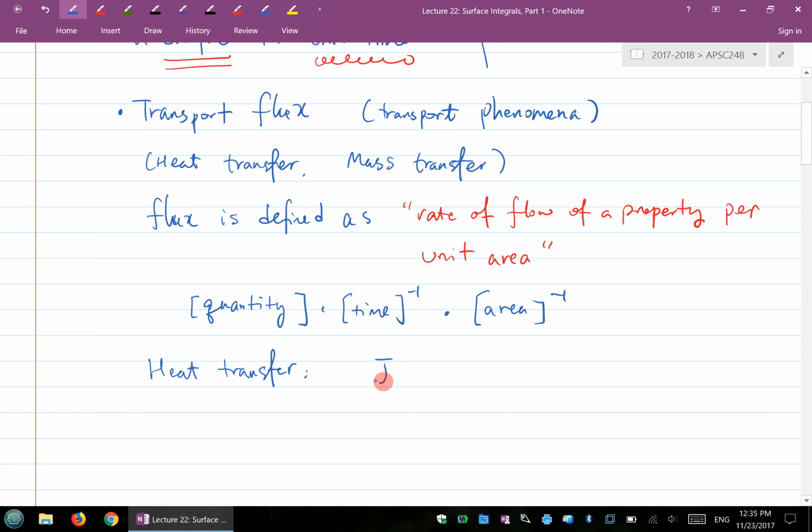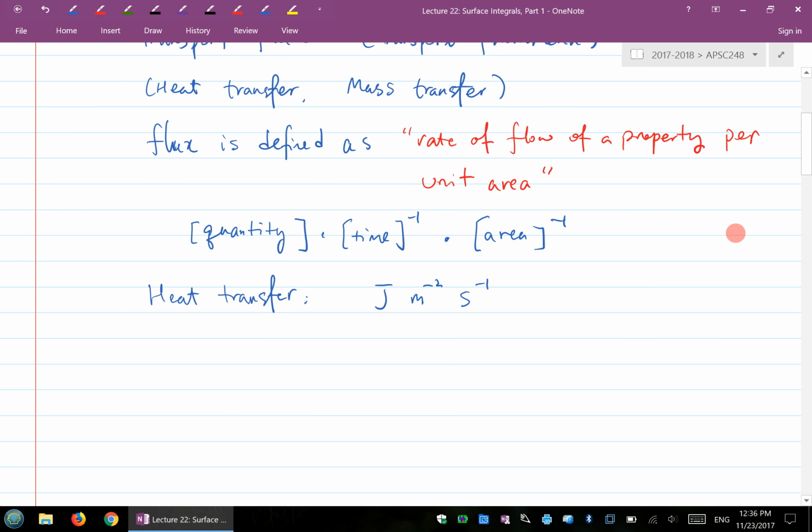So in general, we have a unit like J m^-2 s^-1. Same as here: quantity, joule, time inverse and area inverse. And you can similarly have a mass flux, or this is basically heat flux. So that's transport flux.